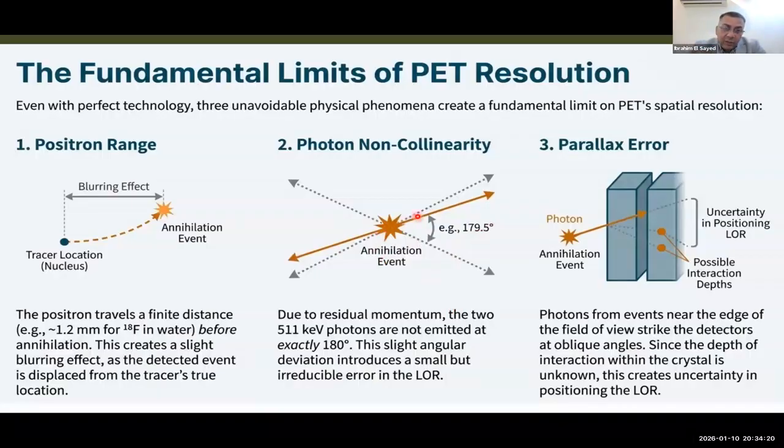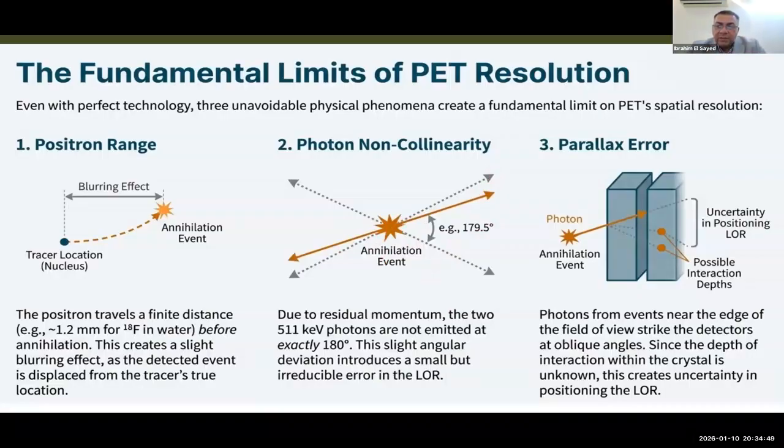This small variation will create a very large distance variation at the detector. If we are making a projection like that, the angle here is so small, and at the detector it will be so large. This can result in 2 to 3 millimeter spatial error in modern scanners, so it has an impact on the spatial resolution of the scanner.